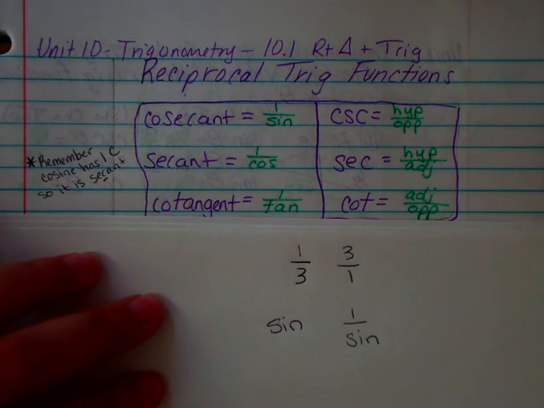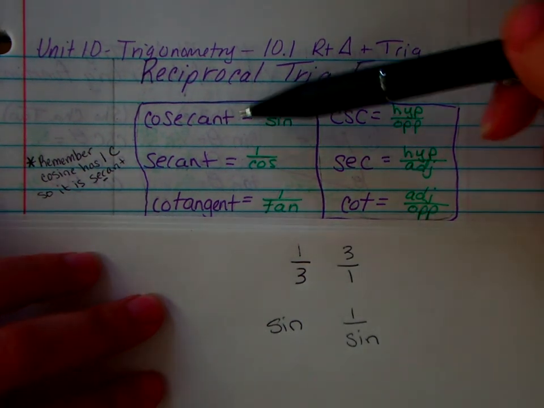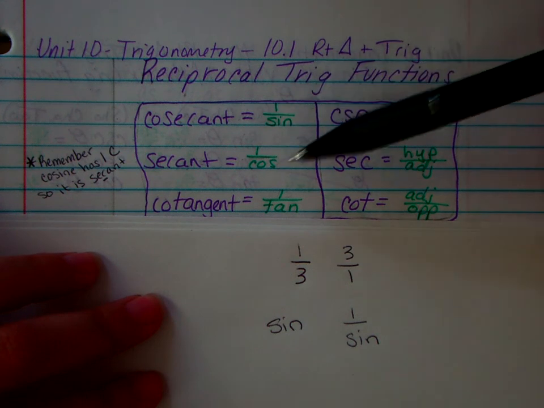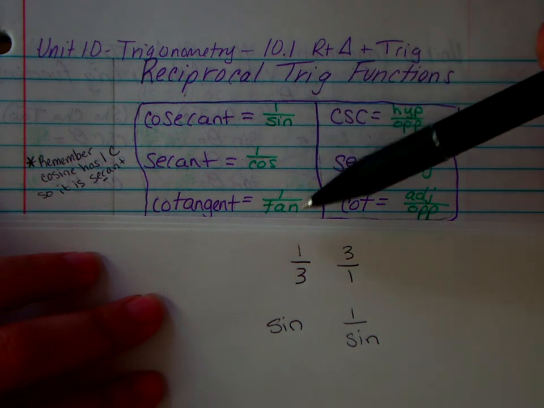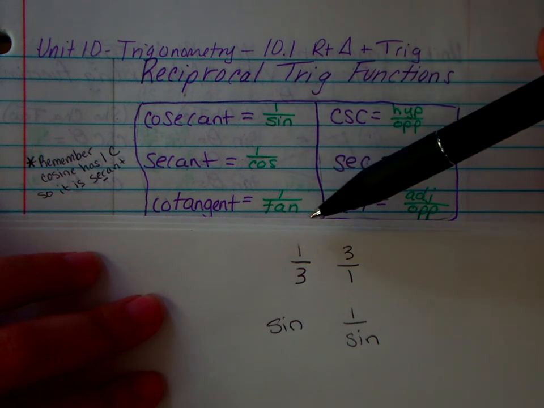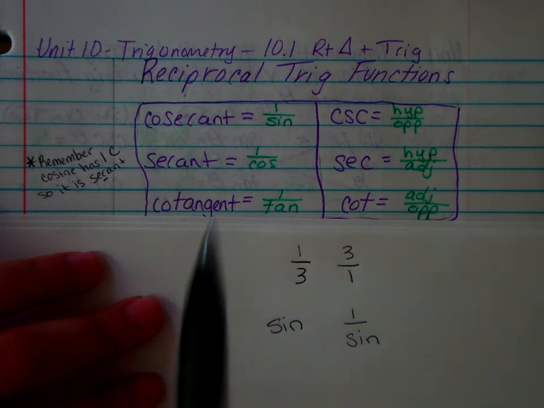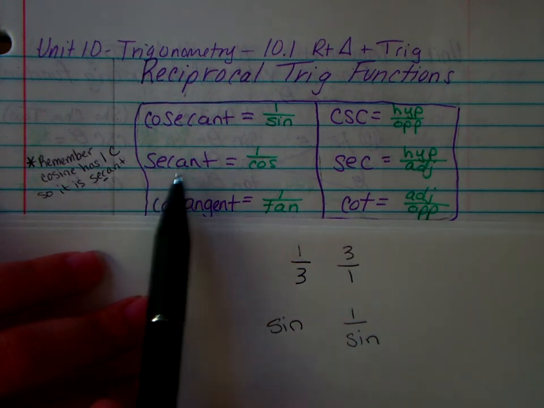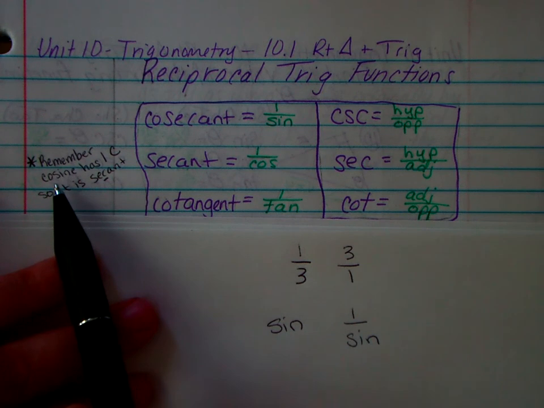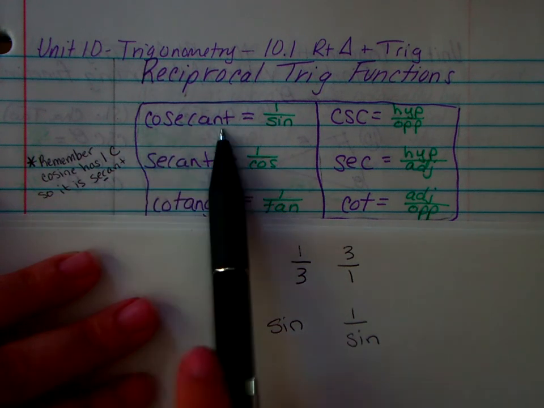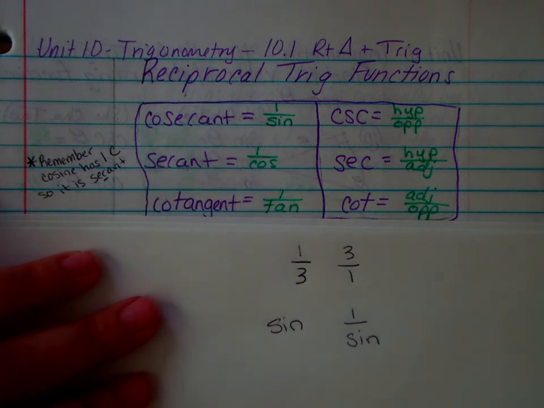So we call our reciprocal trig functions a cosecant for sine, a secant for cosine, and a cotangent for tangent. Okay, so cotangent is very easy because tangent is right in the word. I remember secant is for cosine because there's only one c in the word, okay? And cosine only has one c. And then we can just eliminate and have cosecant for sine.